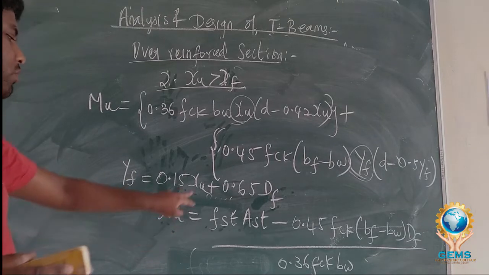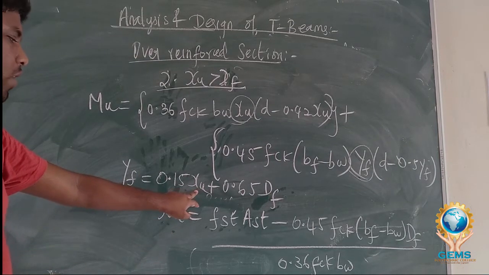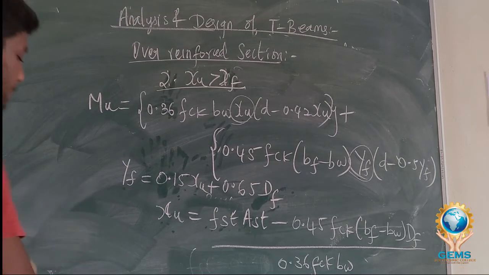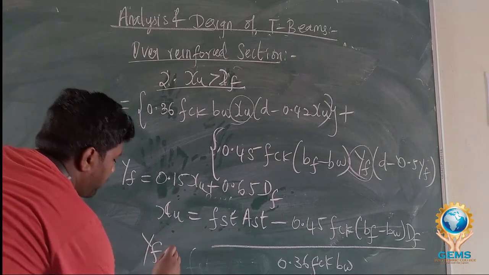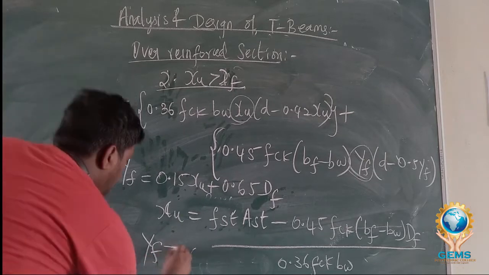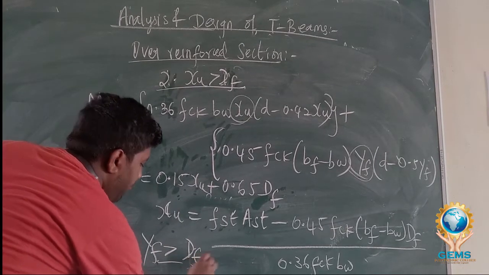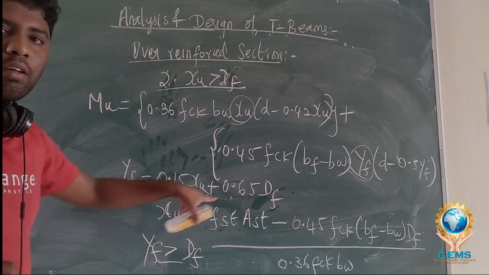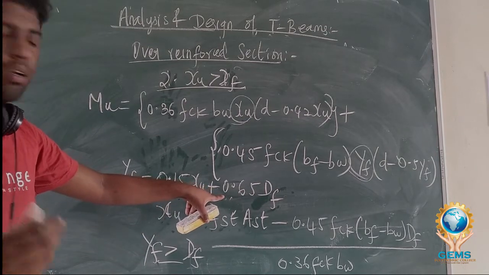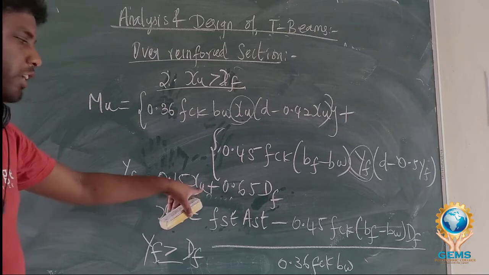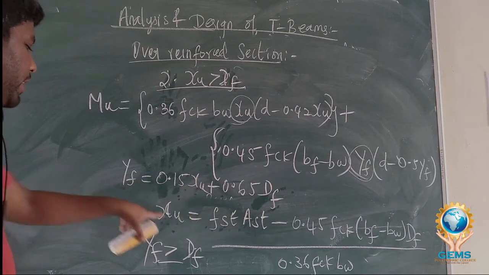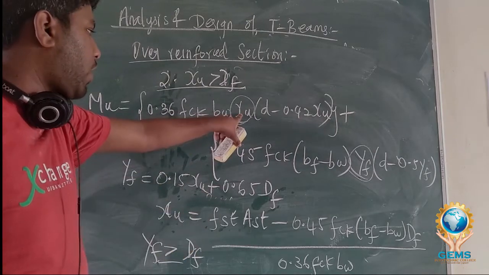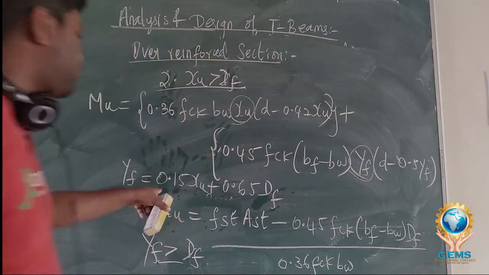After finding XU, you substitute the XU value in the YF formula and you will get YF. Then you compare YF with DF. If it is greater than or equal to DF, you use this XU and YF value in the moment of resistance formula.